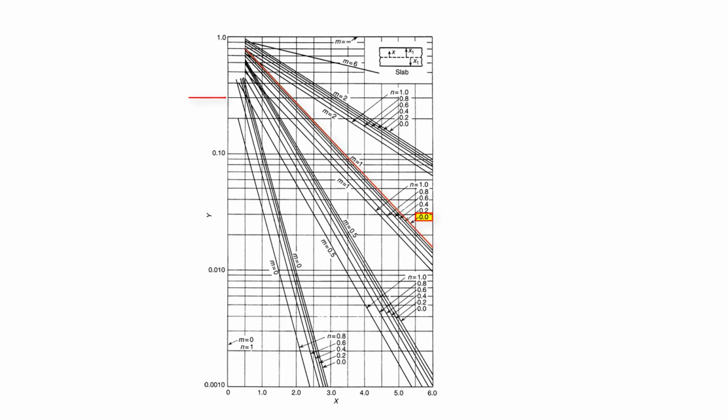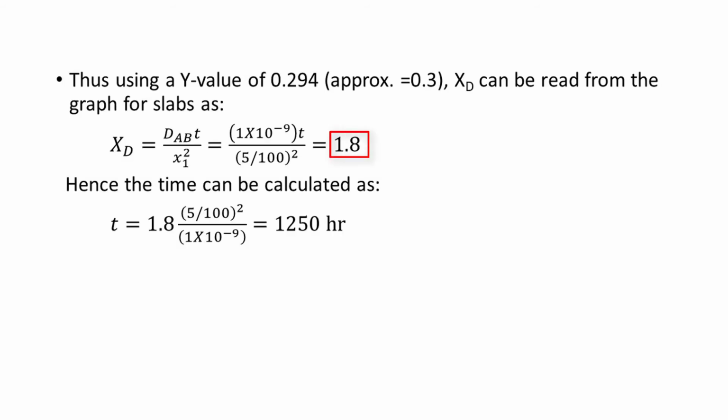Here is where you find the point. Then you come down to here somewhere. This is 1, this is 2. So I read a value of 1.8 for XD.